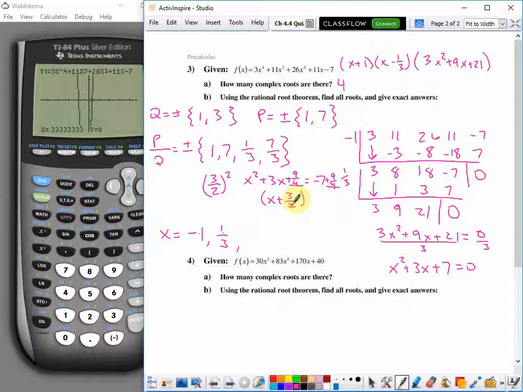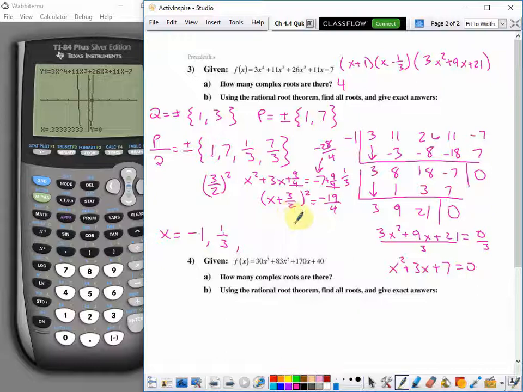It's going to be x plus 3 halves times x plus 3 halves, or x plus 3 halves squared. And negative 7 plus 9/4. 7 times 4 is 28, so this is the same as negative 28/4 plus 9/4, and that's going to be negative 19/4.